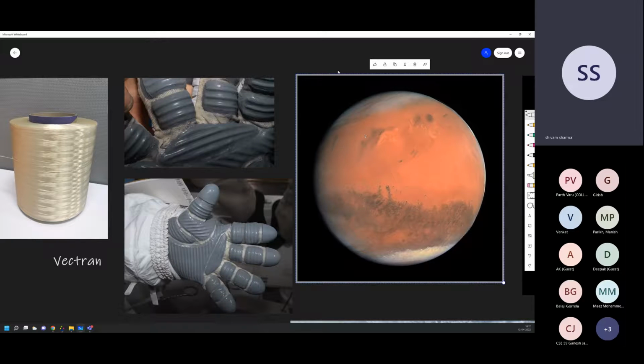If for every single task the request has to go to the support team on planet Earth, then it will take so much time. Just for your information, sending a signal to Mars takes approximately 20 minutes, so the round trip is 40 minutes. If you send any signal, it goes and comes back in 40 minutes.